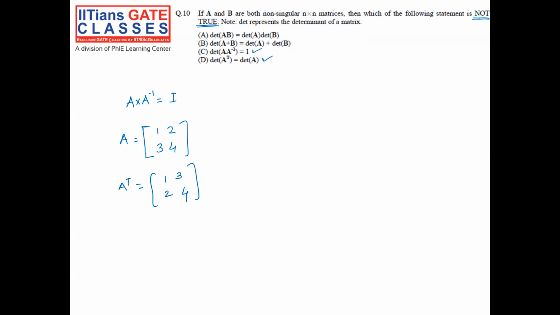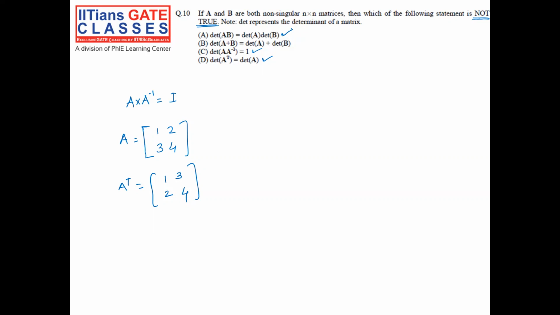If you look, option A is also correct. This is a property of determinant. If we take a matrix A and a matrix B and multiply them, and take a determinant of it, it is the same as multiplying the determinants of matrices A and B respectively.